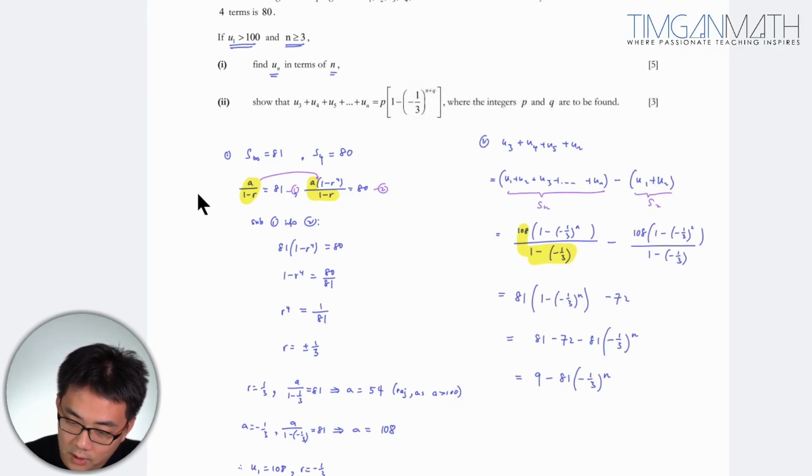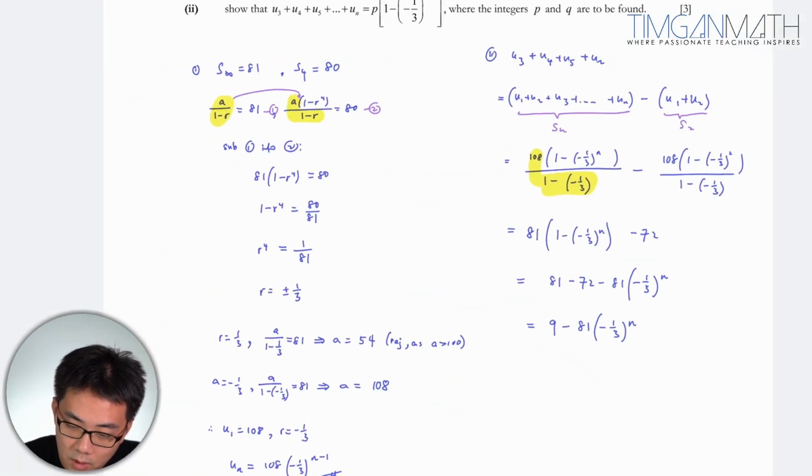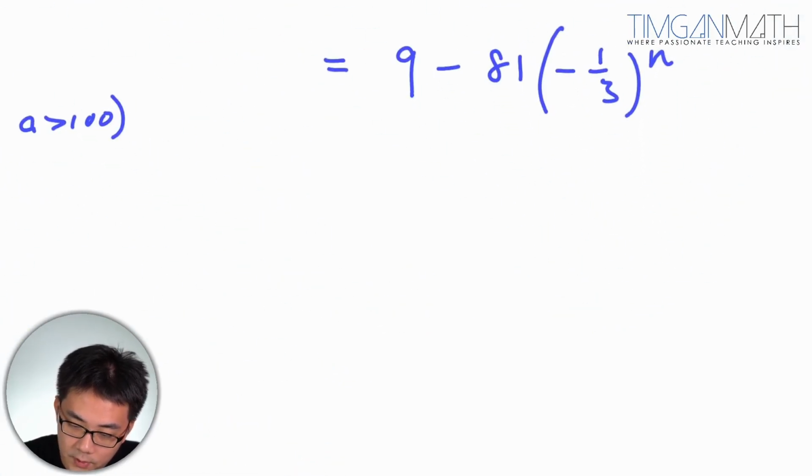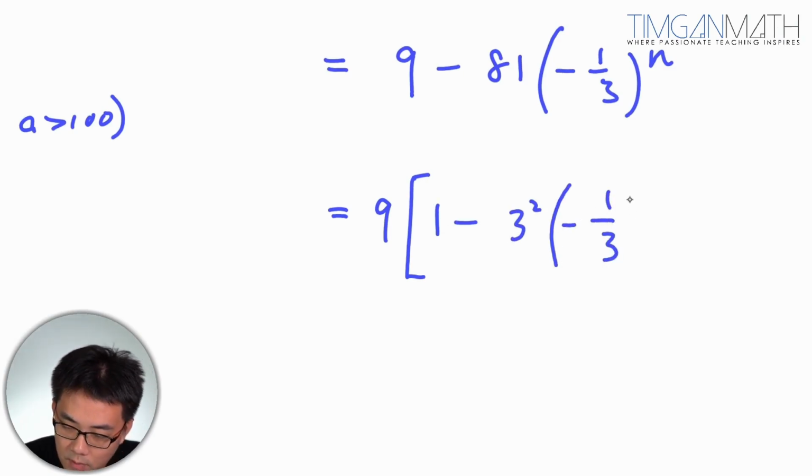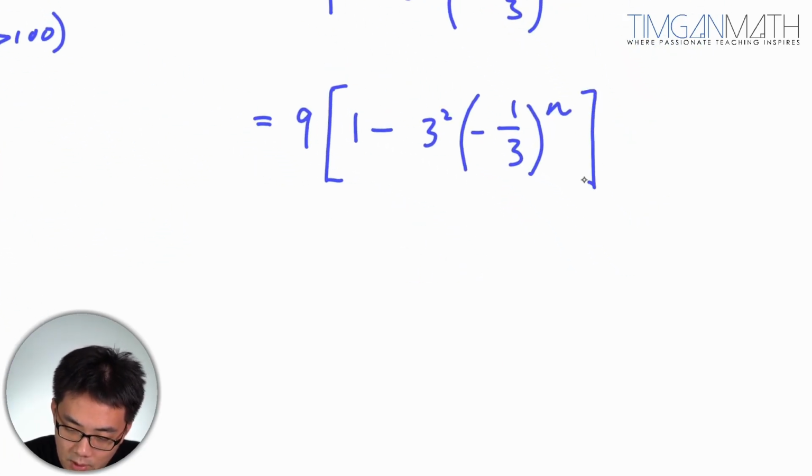Factorize the 9 out. 81 over 9 is 9, which is 3 squared.